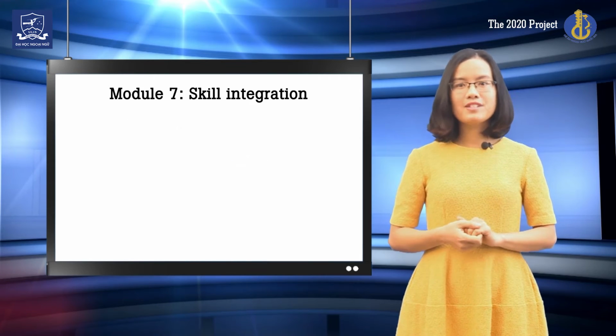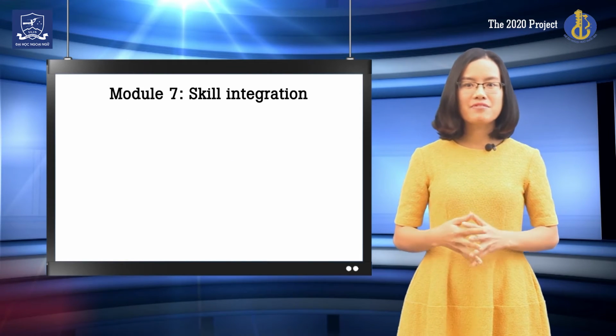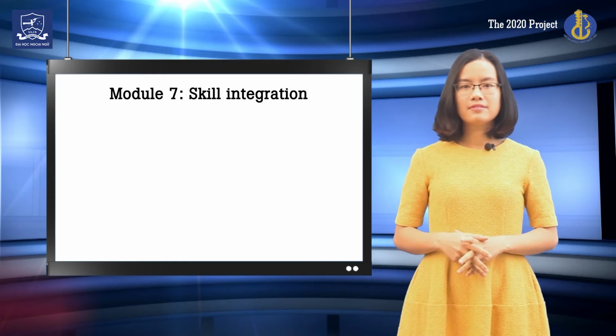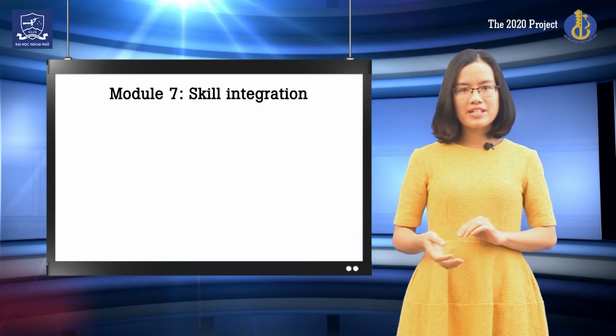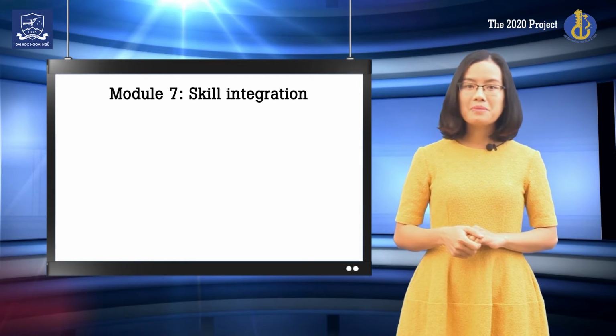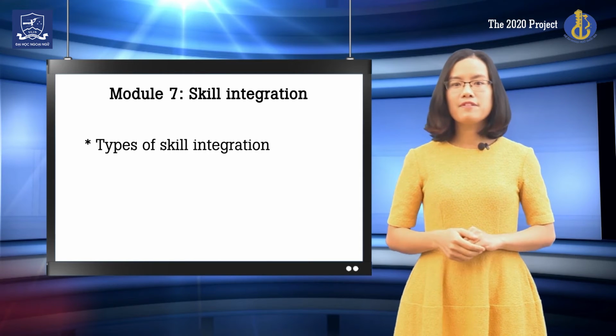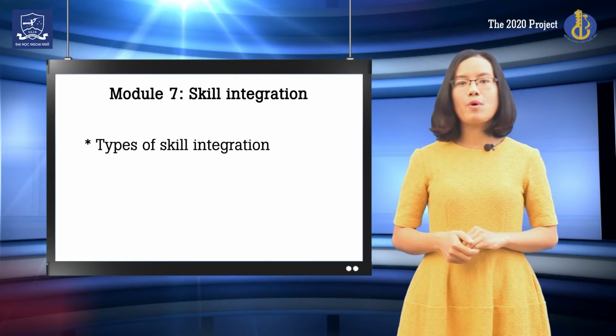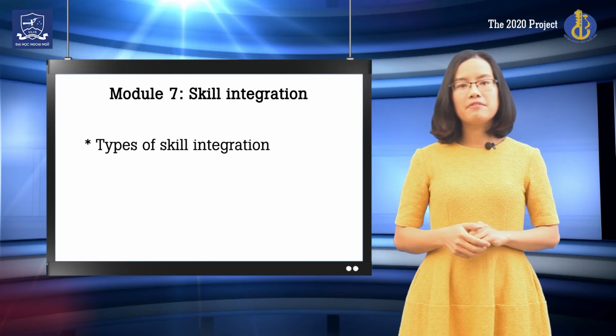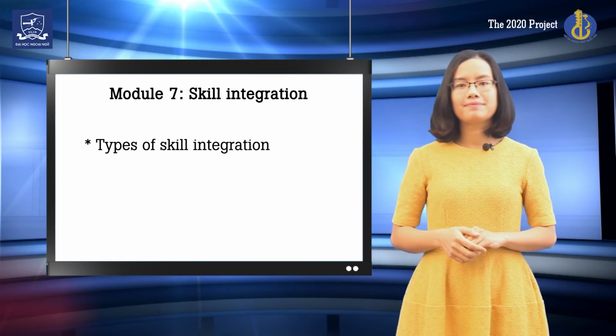Module 7 focuses on how to plan an integrated skill lesson. The most popular integrated skill model is the combination of receptive and productive skills in the same form, spoken and written, in one lesson.